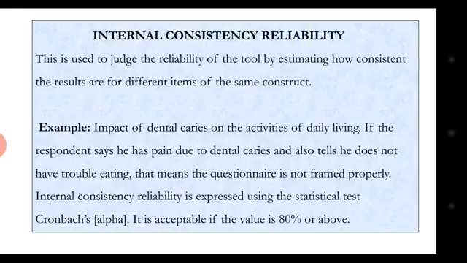The response is fine, it is correct, but your question is not properly framed because it is not eliciting the actual response the respondent is supposed to give in coherence with the impact of dental caries on the activities of daily living. So this is what is called internal consistency, and to check this also we have Cronbach's alpha. So whenever you have a pre-test, you can go ahead with these tests like Cronbach and kappa statistics, so that you will be able to find out how far your questionnaire is reliable.